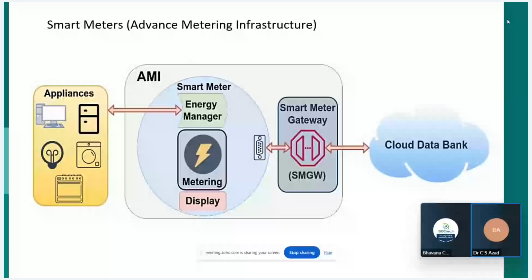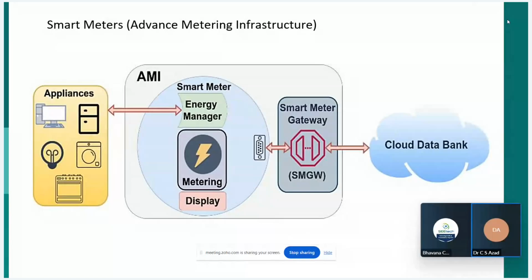Now, for the smart meter, as you know, smart meters, if they are used with smart appliances, can allow you to control your energy monitoring as well as the controlling of your appliances from any place. Even if your appliances are not smart, these smart meters can provide you a lot of information as compared to the conventional meters.